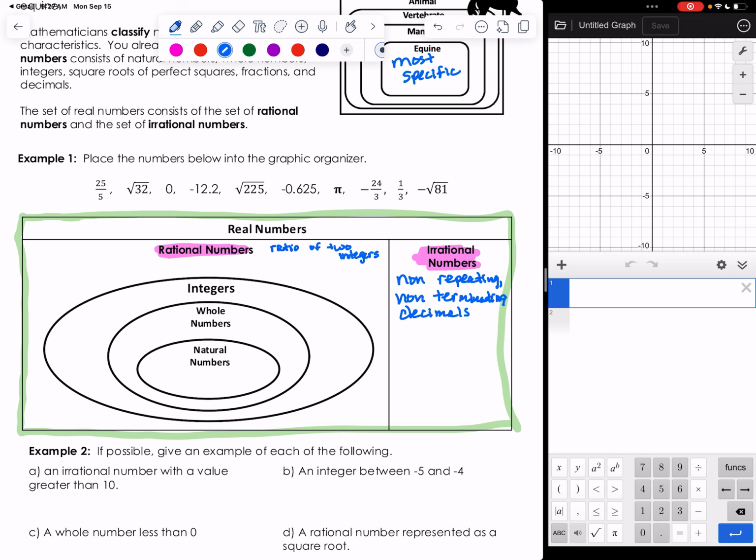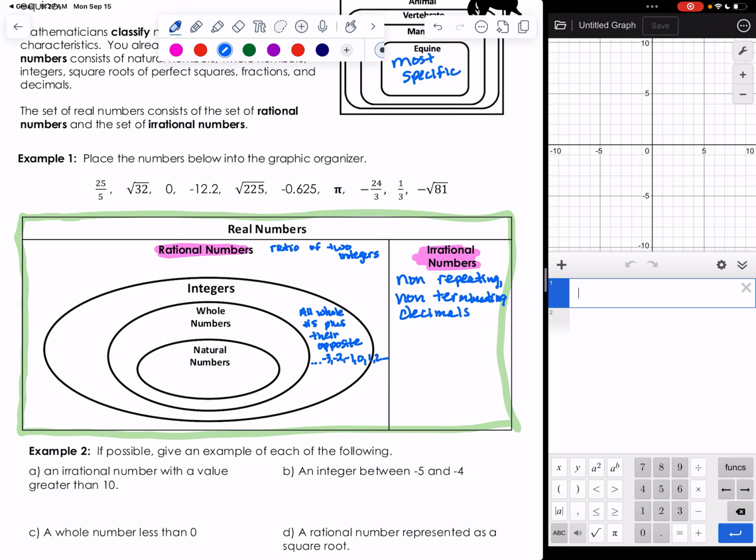Now, what are integers? Integers are all the whole numbers plus their opposites. So for example, -3, -2, -1, 0, 1, 2.